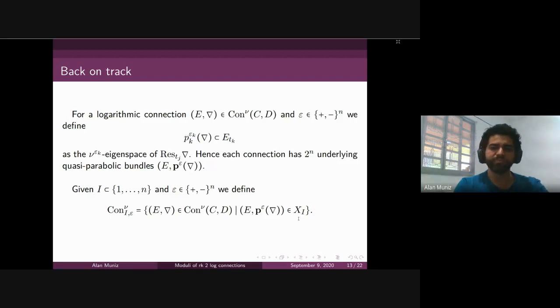So that's a bunch of subspaces like that, for epsilon and i varying wherever they can.